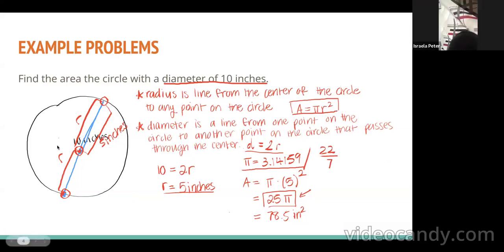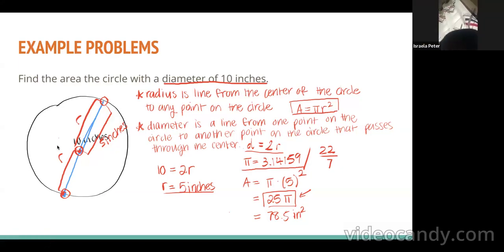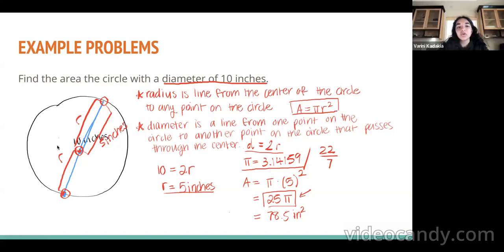I have a question. Go ahead. So it's not compulsory to write the value of pi and then multiply it by the answer you have. In some problems it might ask you to actually multiply it out, but in other cases you don't have to.